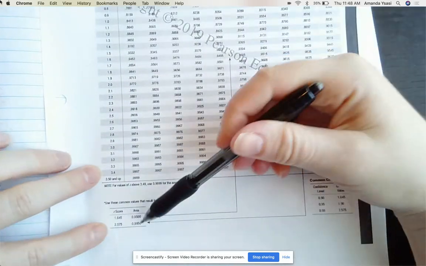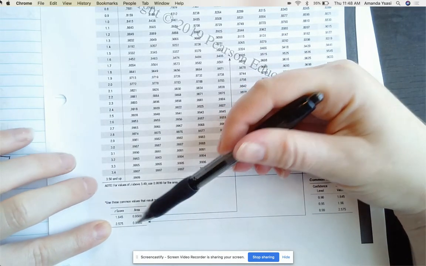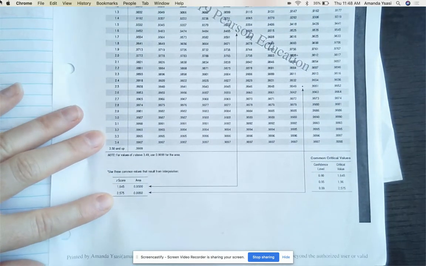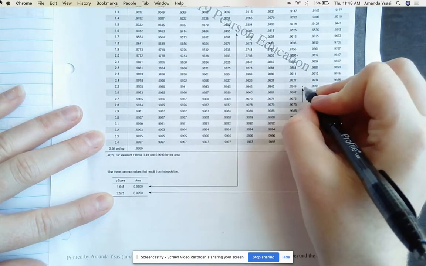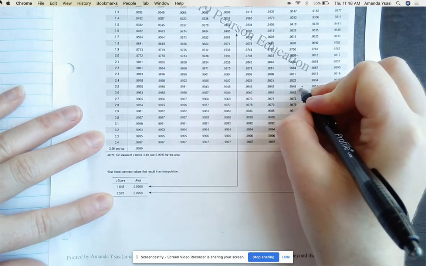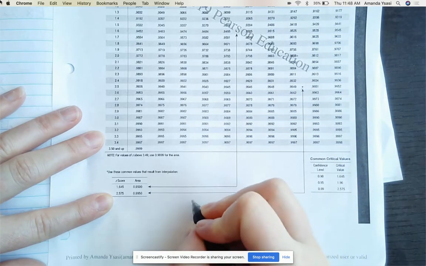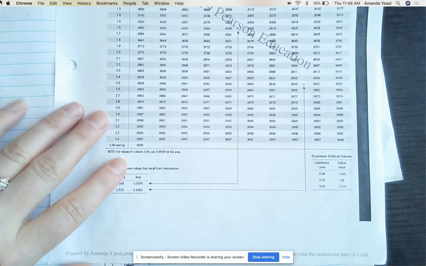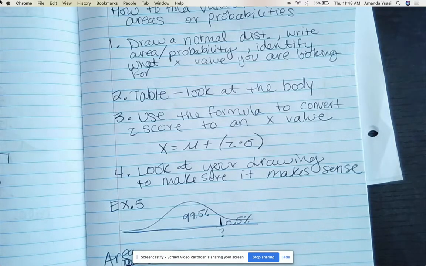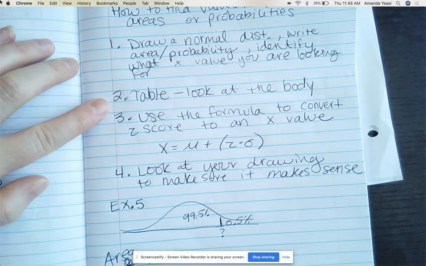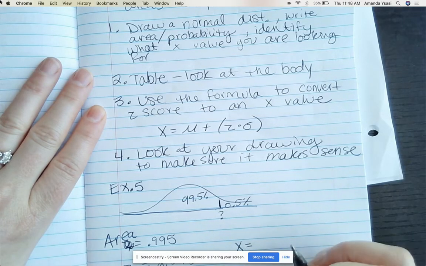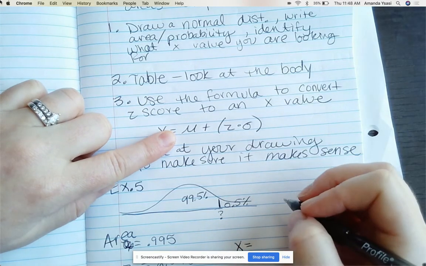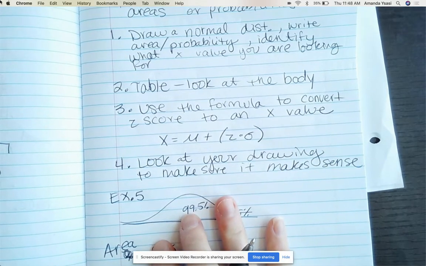So it actually tells us down here that is 2.575. You can see how it was right here, right between those two. So now I have the z-score. I did number 2, now I'm on 3. We're going to say X equals mu.